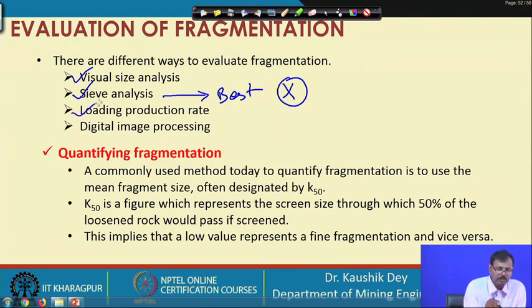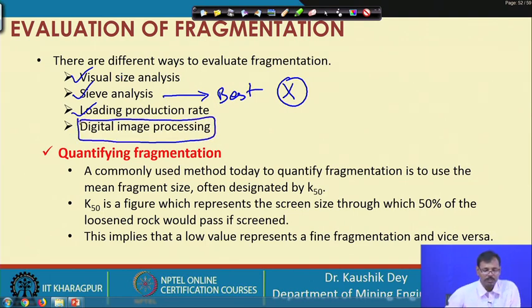Another estimation, like visual size estimation, is the loading production rate, which is another indirect method from which we can understand whether our fragmentation is good or not. The most commonly used method is digital image processing.